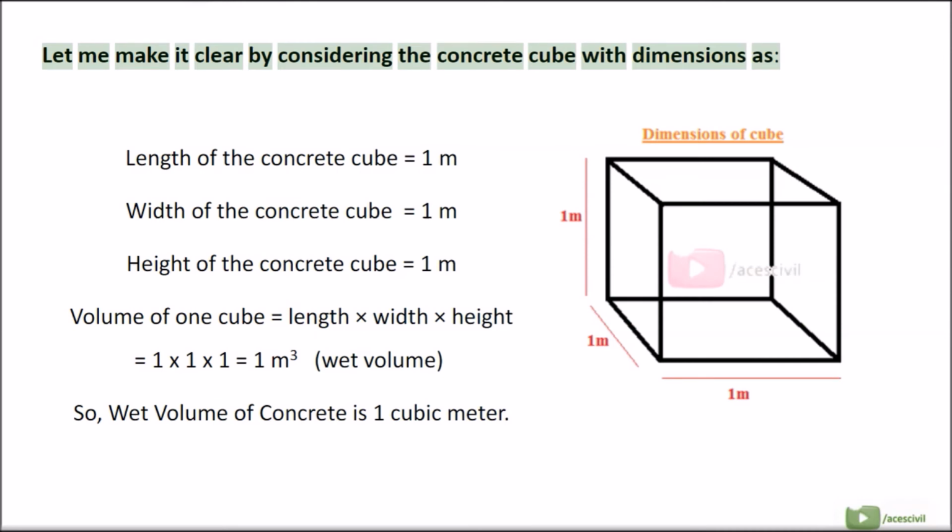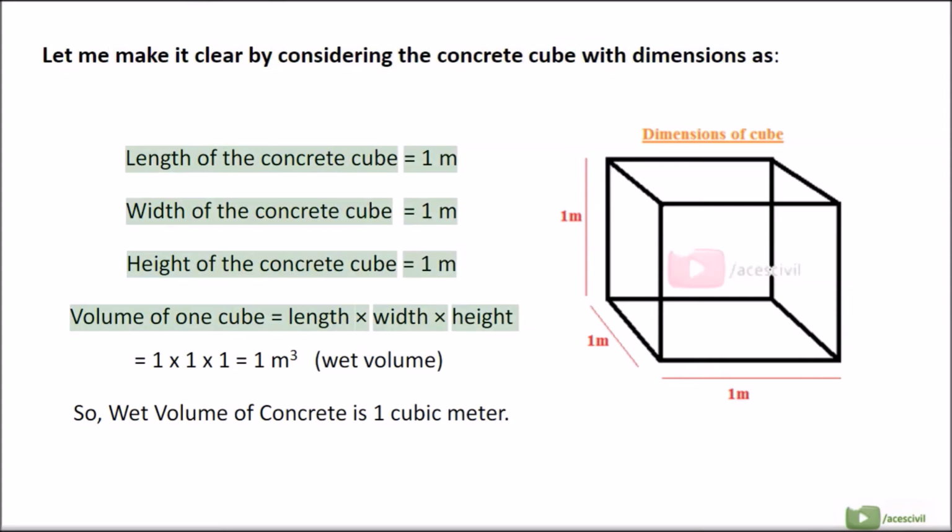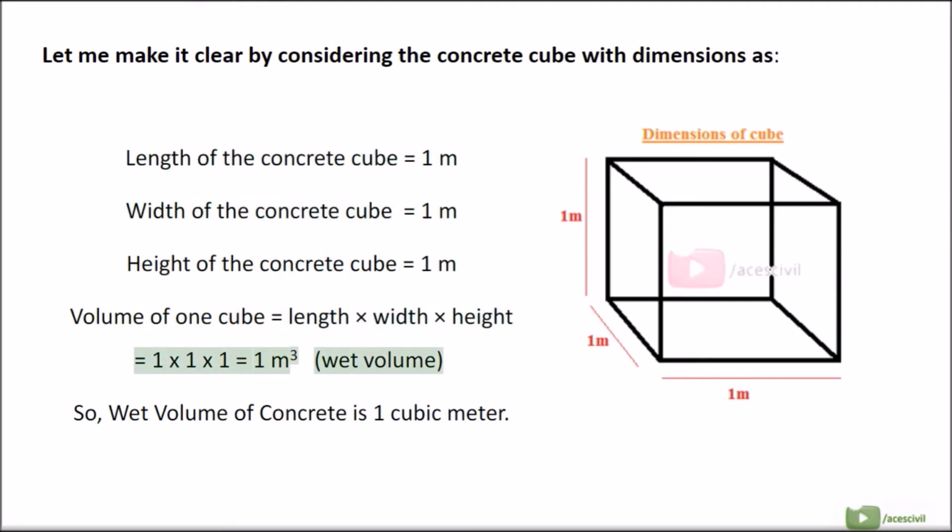Let me make it clear by considering a concrete cube with dimensions: length of the concrete cube equals 1 m, width equals 1 m, height equals 1 m. Volume of the cube equals length times width times height equals 1x1x1 equals 1 cubic meter, wet volume.